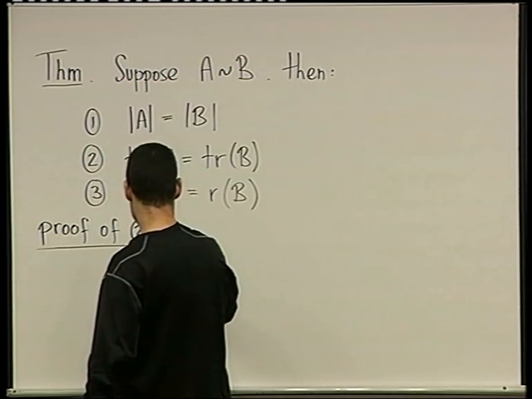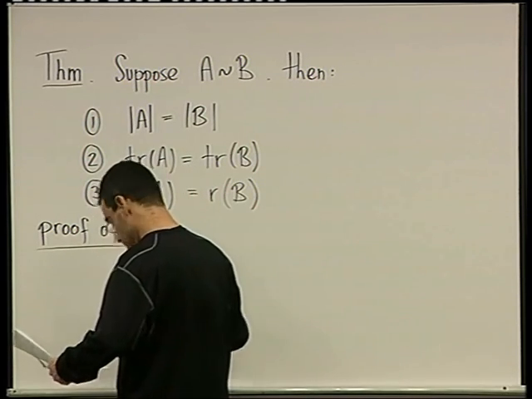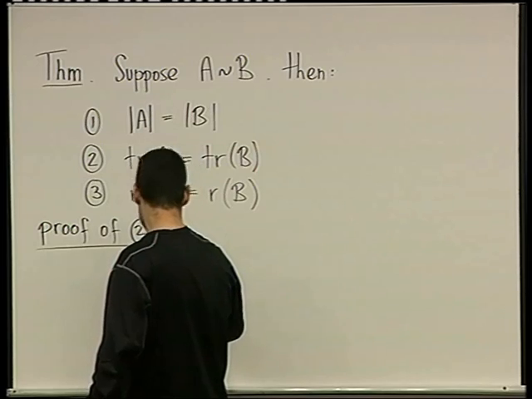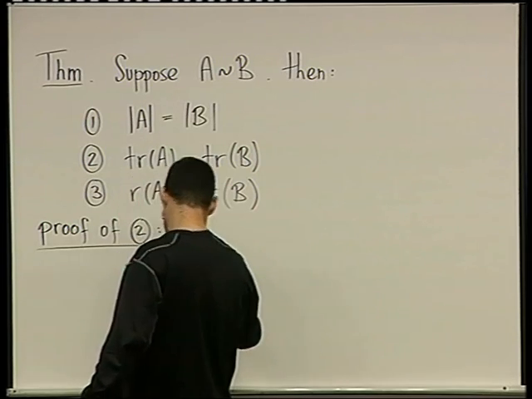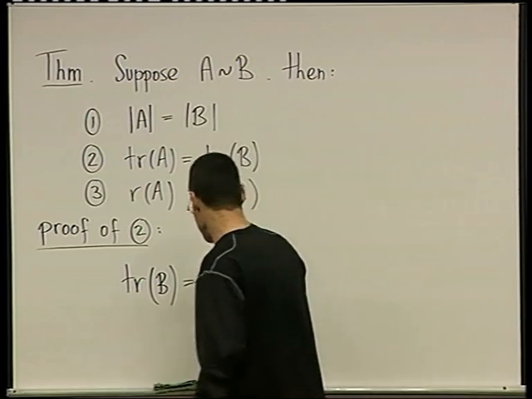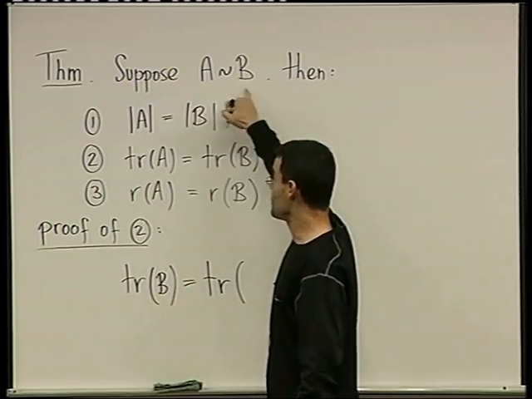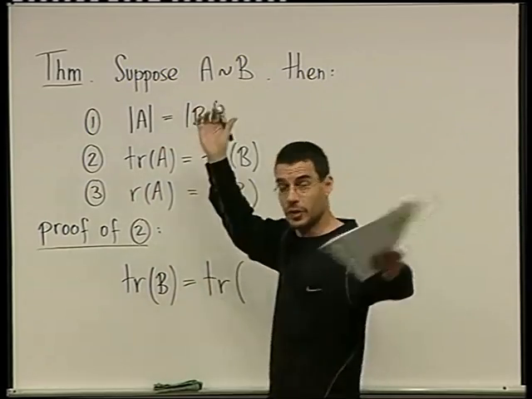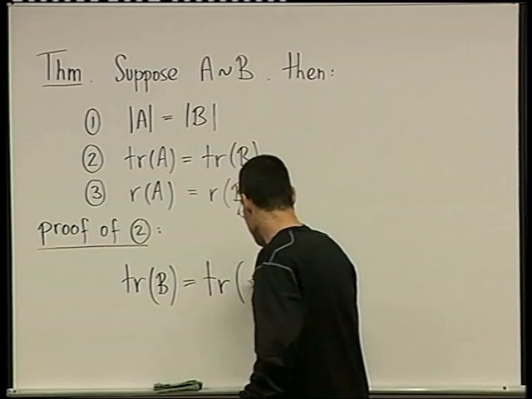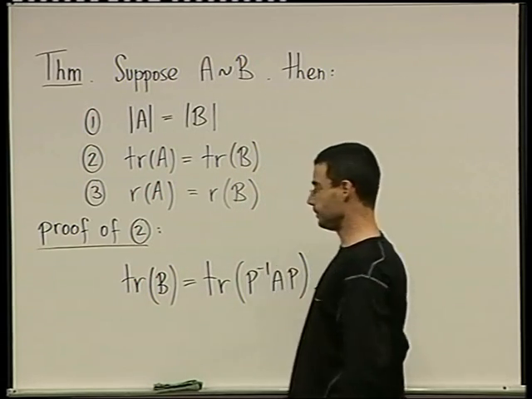So the trace of A, or let's do it the way we wrote it. We wrote that B equals. It of course doesn't matter, but let's stick to previous notation. So the trace of B is the same as B itself. Since it's similar to A, there exists some invertible matrix P such that B is P inverse A P.